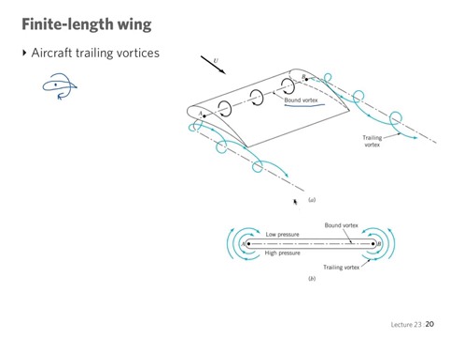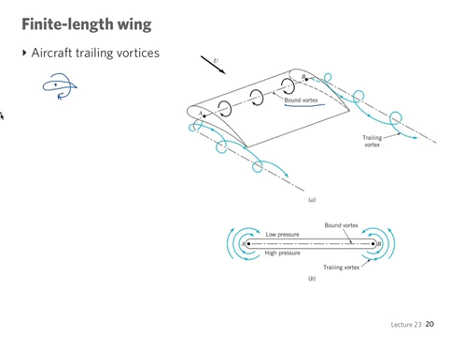Or another way to explain this, without using the bound vortex, is that there is a higher pressure at the bottom of the wing and a lower pressure at the top of the wing. Therefore, at the wingtips, that higher pressure air tries to go over and generates this circulatory motion in the edges.